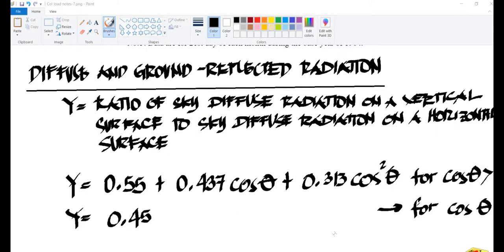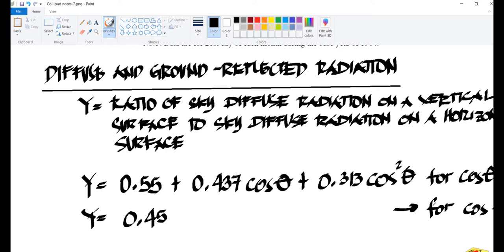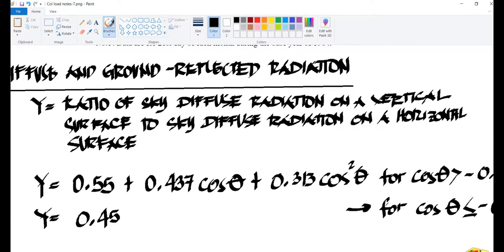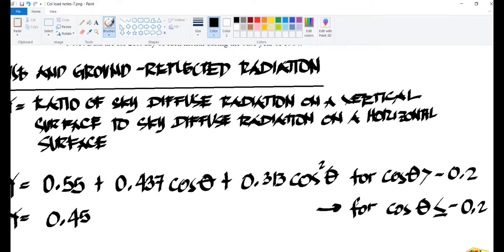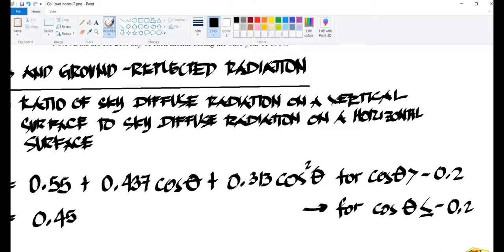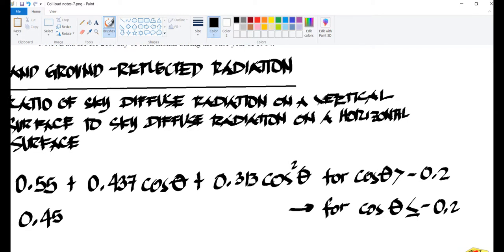Now for the diffuse and ground reflected radiation, we have your Y ratio, defined as the ratio of the sky diffuse radiation on a vertical surface to the sky diffuse radiation on a horizontal surface. Y is equal to 0.55 plus 0.437 times the cosine theta plus 0.313 times the cosine squared theta.